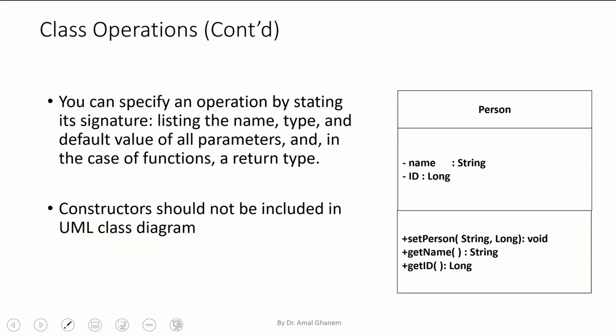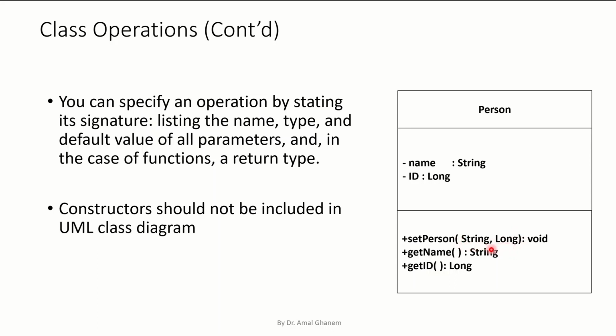So when you specify your operations, your methods, you specify the signature. What do we mean by the signature? It means the name of the method, and what parameters it has to take. And if it is a method that returns a value, we have to specify the data type of the return. So here, for example, for setPerson, I open brackets and mention String comma long.